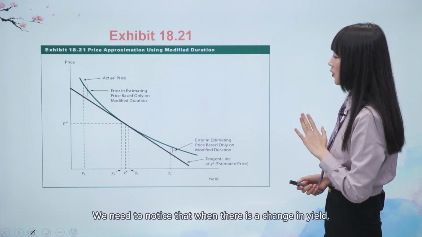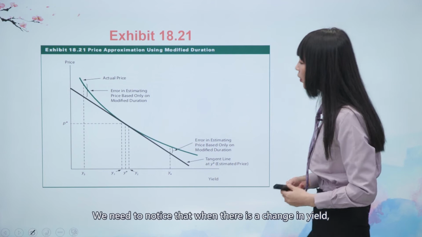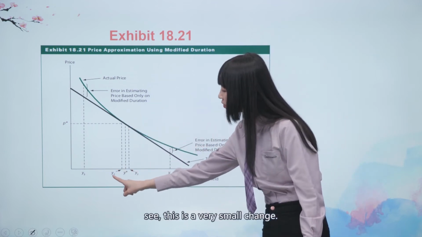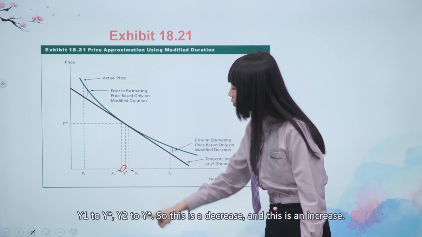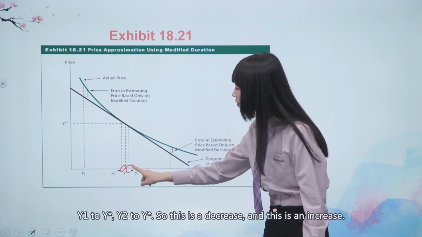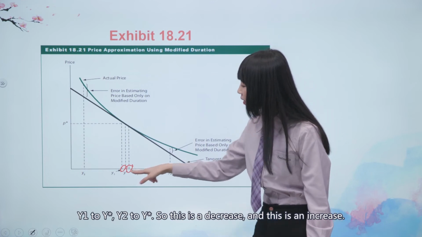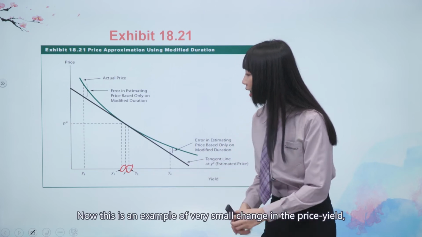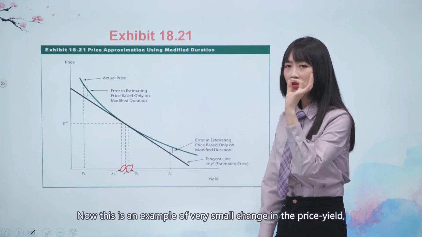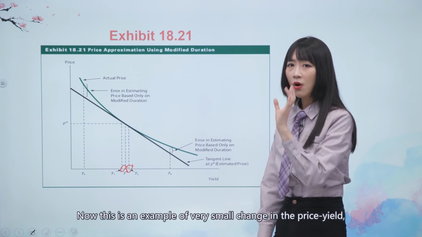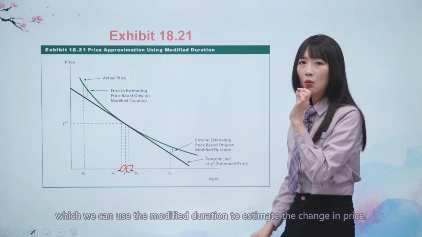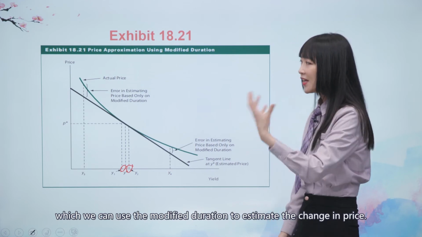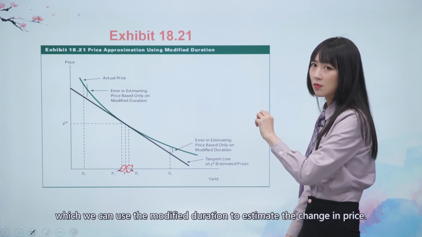We need to notice that when there is a change in yield, see, this is a very small change, y1 to y star, y2 to y star. So this is a decrease and this is an increase. This is an example of a very small change in yield, for which we can use the modified duration to estimate the change in price.